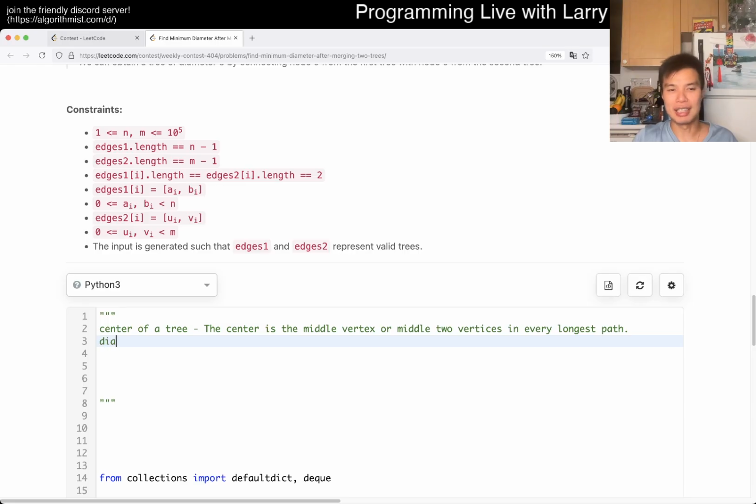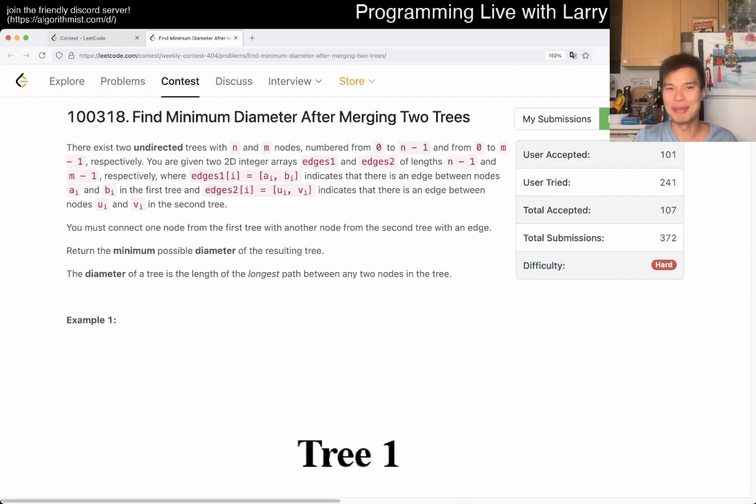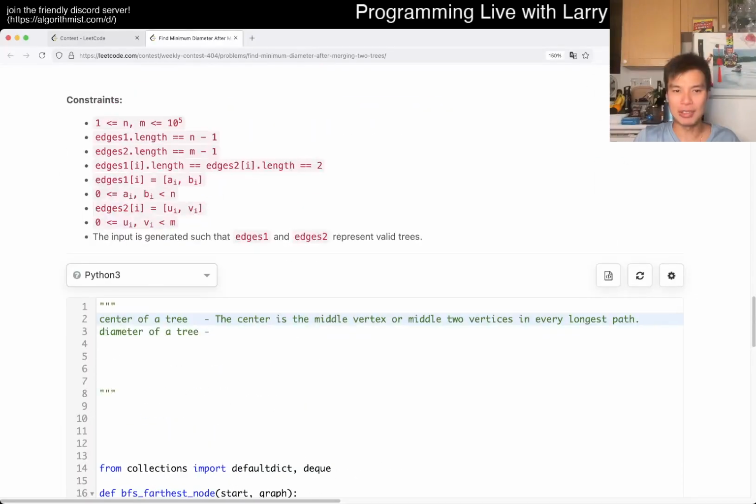And then you have another thing, which is the diameter of a tree, which you probably figured out, or at least Googled during the contest, because this is literally in the problem. And the diameter is the length between two nodes in the same tree, right?